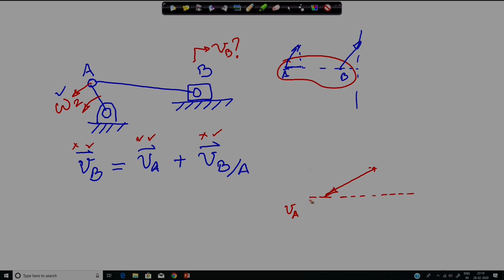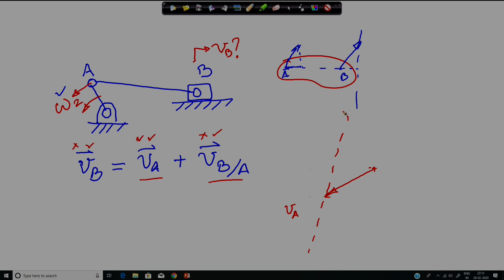Therefore, velocity of B relative to A must be along this dashed line, and velocity of B, this is velocity of B, velocity of B relative to A is perpendicular to B A. Let me first draw that. Velocity of B relative to A, I am adding to V A, which is perpendicular to this direction. So, it is this.